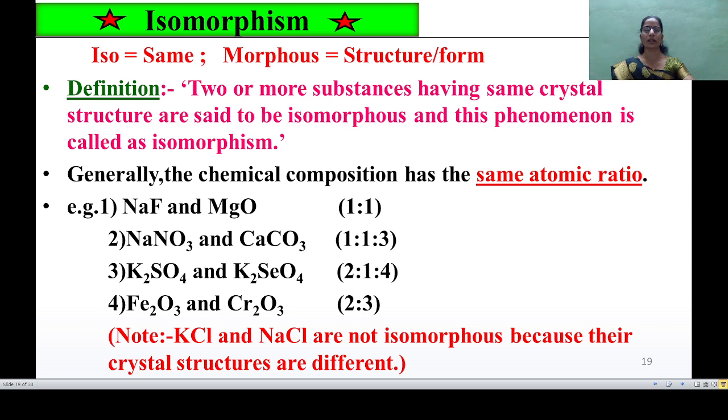But you know that this criterion cannot be applied for all compounds. That is, though the chemical composition has the same atomic ratio, all substances having the same atomic ratio are not isomorphous. For example, potassium chloride and sodium chloride are not isomorphous because their crystal structures are different, though they have the same atomic ratio. So you note down this point.